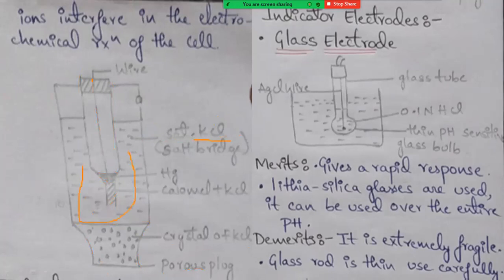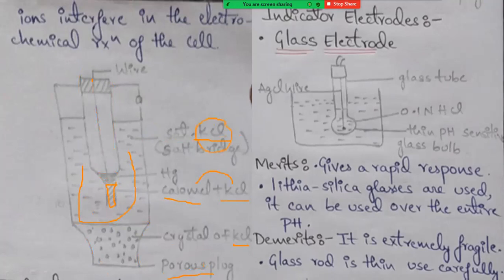The potassium chloride mixed with the calomel in the form of a paste is placed at the bottom of the jacket. And potassium chloride crystals are also there along with the porous plug. So every construction part of the saturated calomel electrode has potassium chloride.